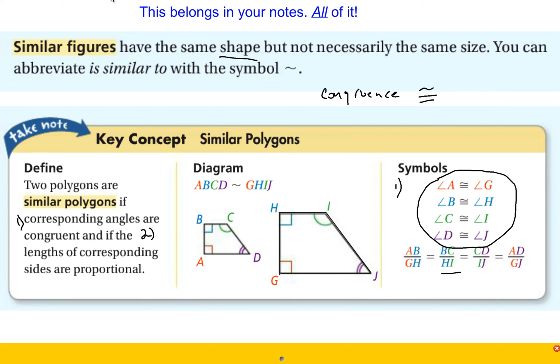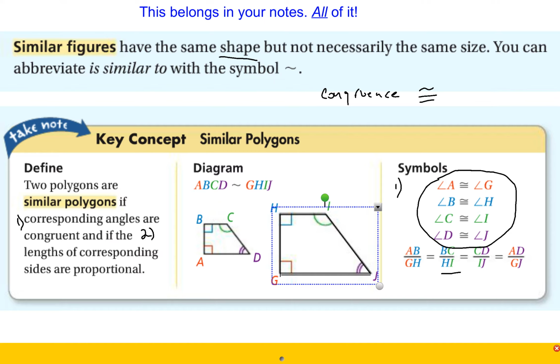They're clearly not the same size, but they are proportional. You saw that when I took our first figure and enlarged it, and the sides indeed are proportional. This belongs in your notes. Please take it down. If you need to put your player on pause, do so, and then hit play to resume.